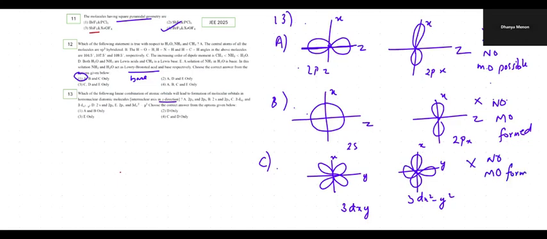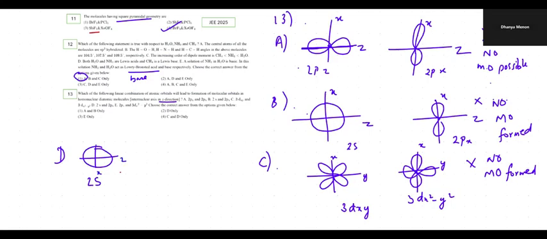Now, coming to the fourth one, D. In D, we have 2s. The s is the spherical shape, that is z, and this is x.